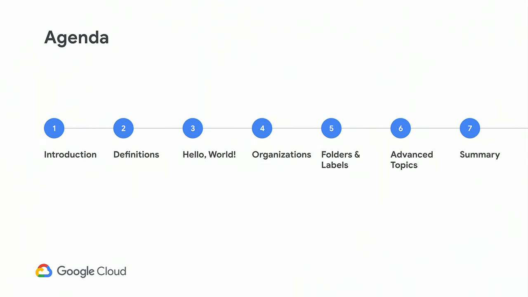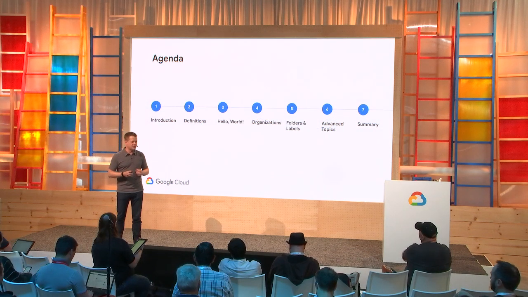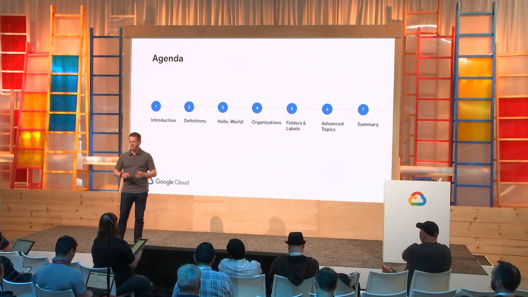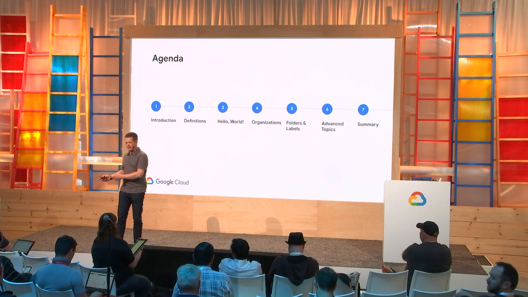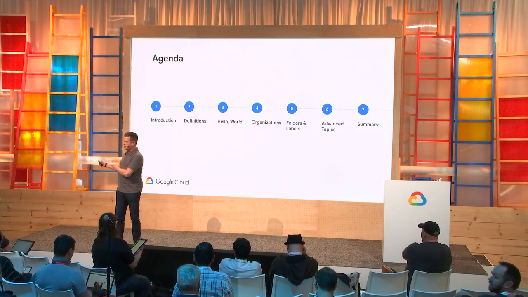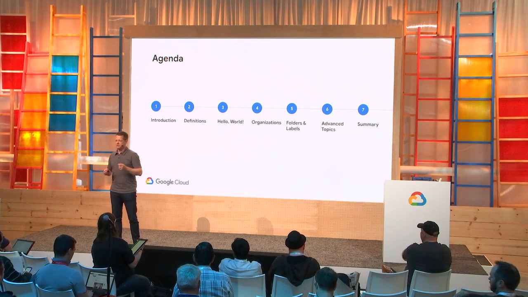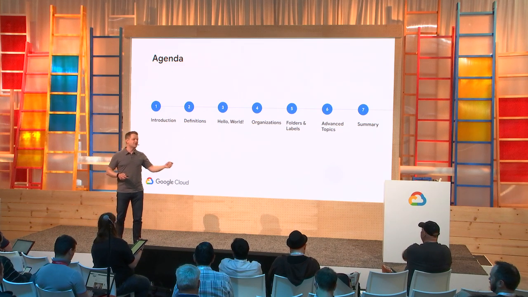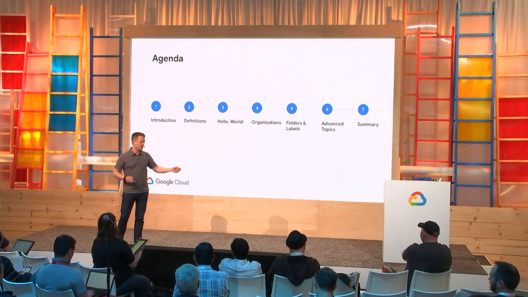We'll talk about folders, and we'll talk about labels, and how those concepts help influence the design of your applications, and how you can use them to do reporting and reasoning about costs. We'll also touch on some more advanced topics and cross-link over to a couple of other sessions that are happening that dive deeper into customer examples, into the BigQuery billing export, into using Data Studio, and other more advanced tools.